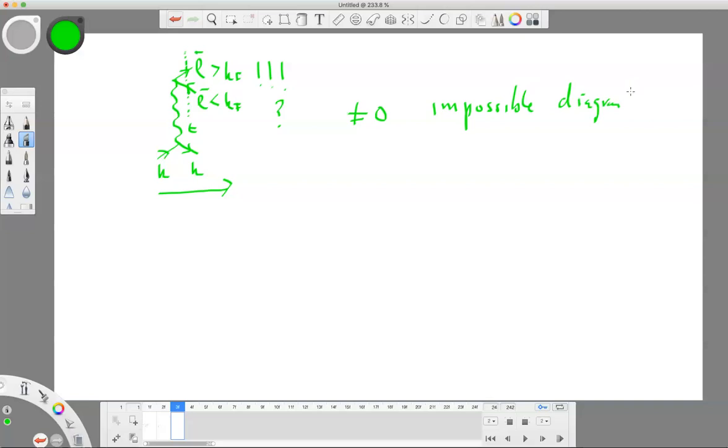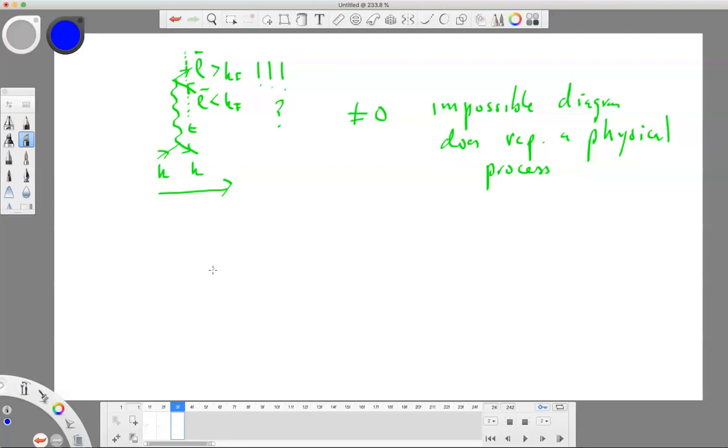It does not represent a physical process. Okay, this green is not a good color to write. Is that clear?